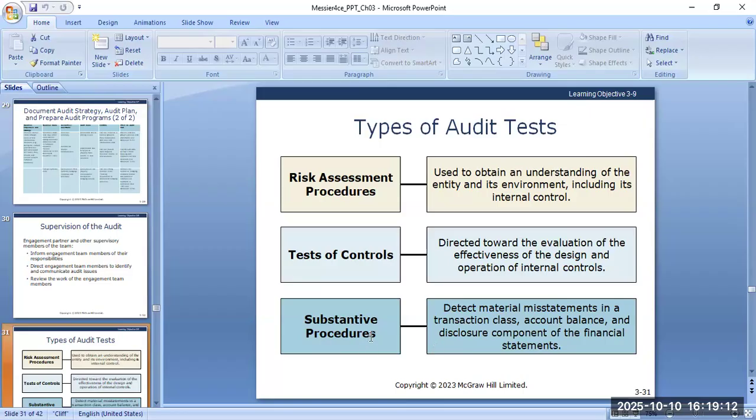As you can see, the substantive procedures are more, how can I say, rich and directly to the point related to the level of assertions, because here we're talking about the transactions, the account balances, and the disclosures.